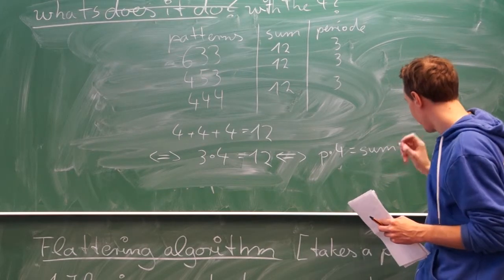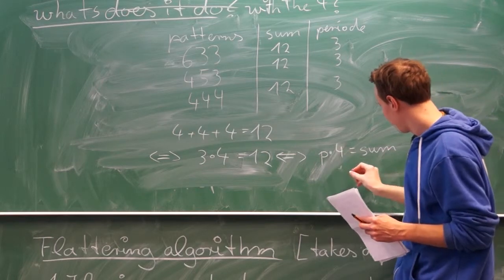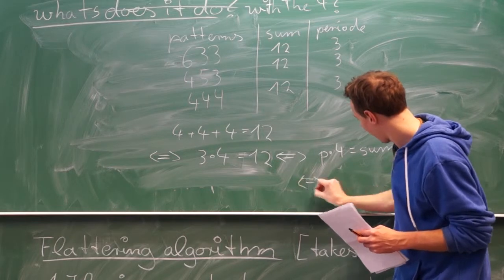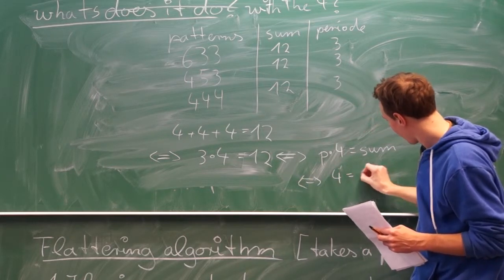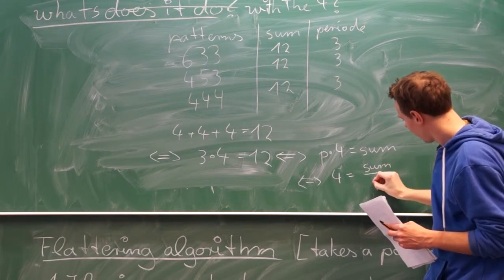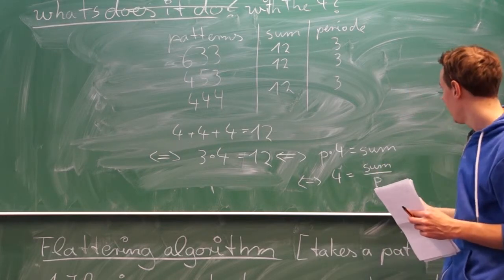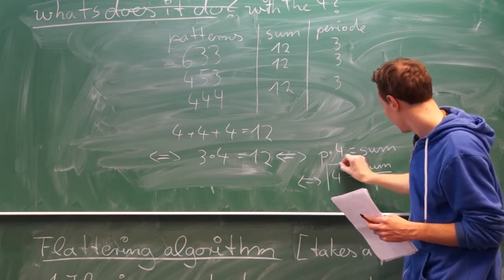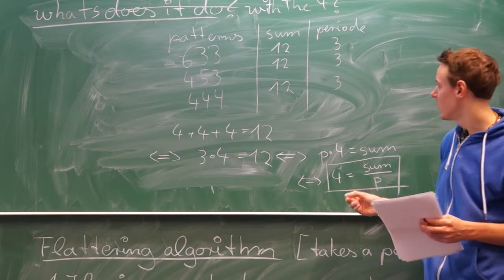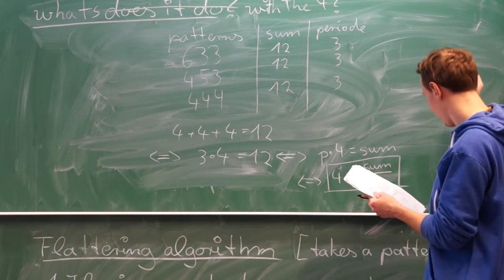And now I just divide it by the period, and I end up with sum divided by the length, okay? And this is special because this is something you might already have seen. It's called the average.